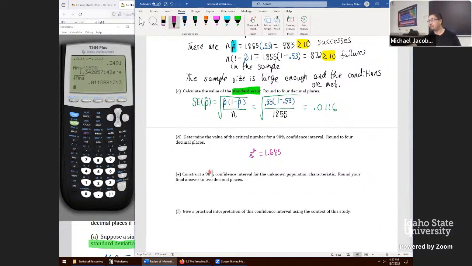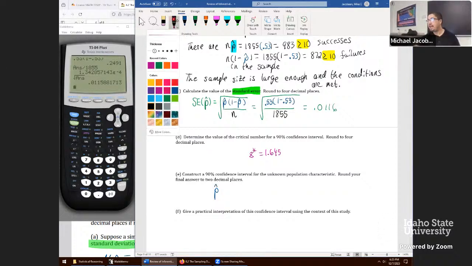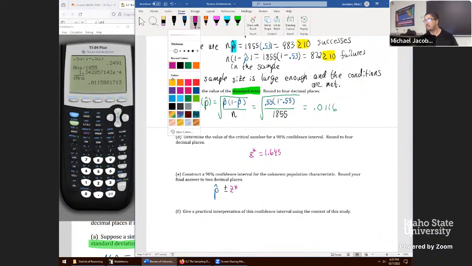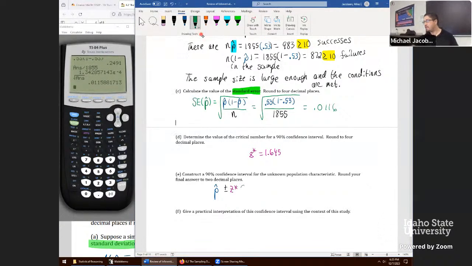So now for the 90% confidence interval, the full format will be the statistic p hat, then add and subtract away our critical number Z star, multiply that whole result next by the standard error of p hat. So this really is pretty fast, actually, once we get familiar with the process. We can look up p hat right here.